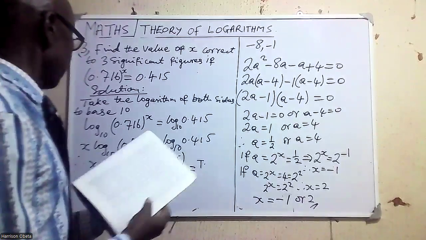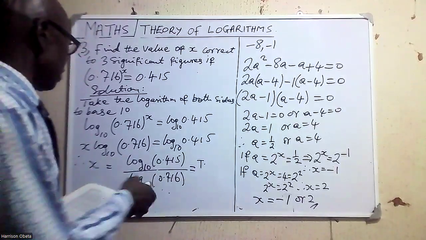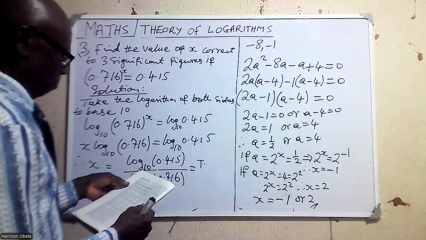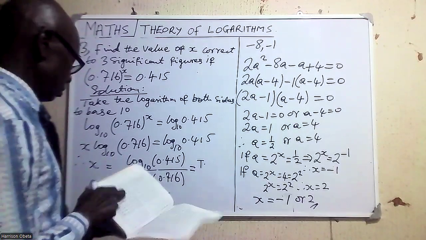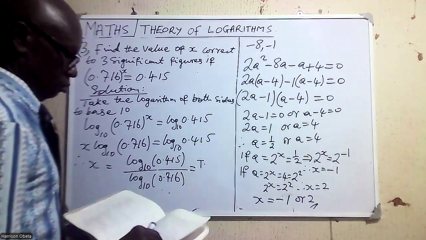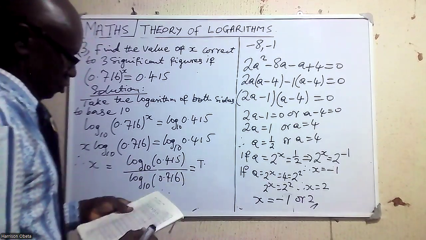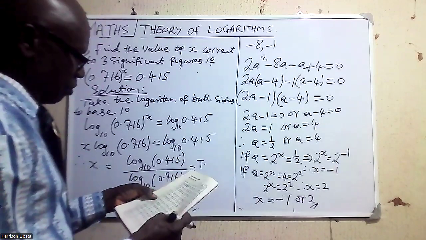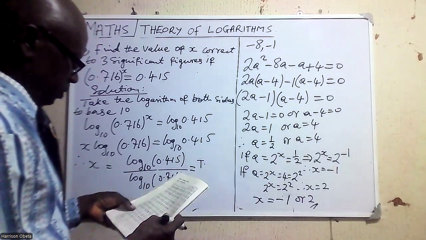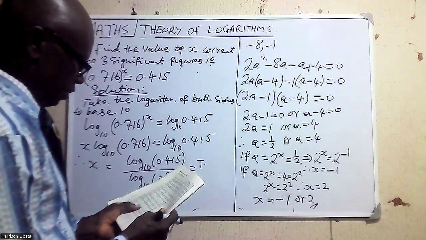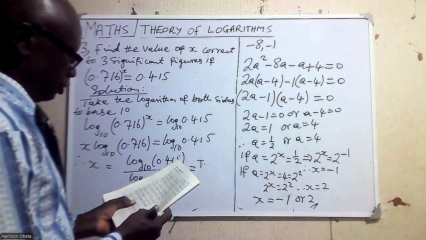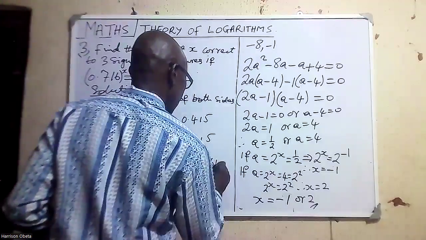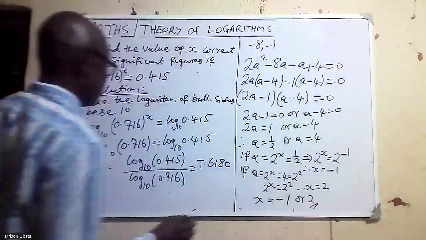We're now checking the first one, 41/5 ordinary log. 41/5 is 6180.